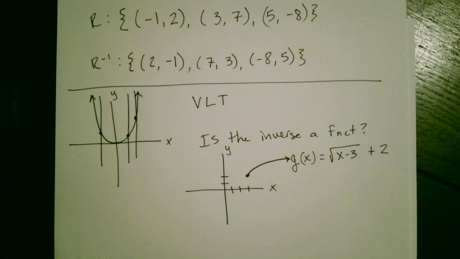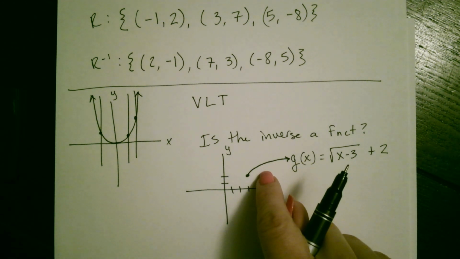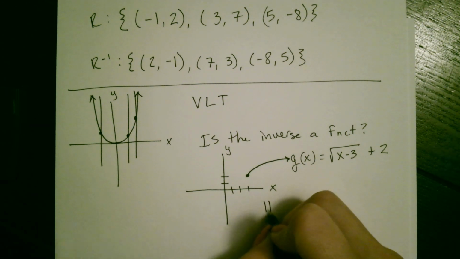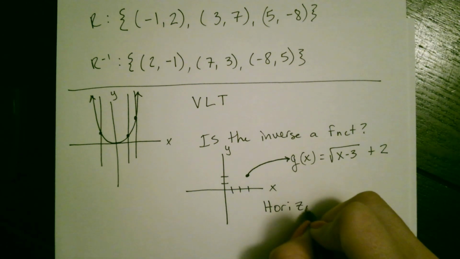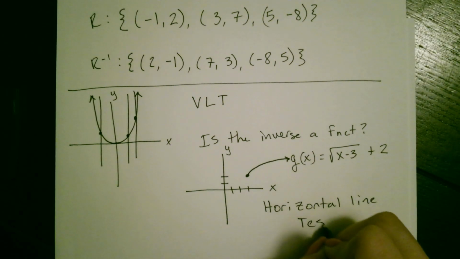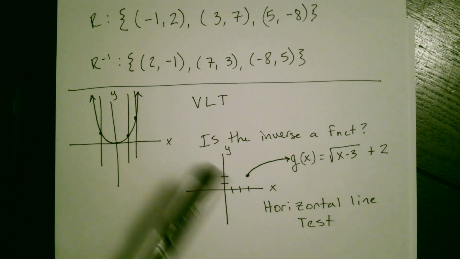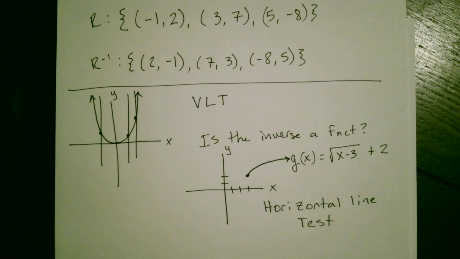To determine if the inverse of this function is in fact a function, we have what's called the horizontal line test. Like I said, the horizontal line test is very similar to the vertical line test. There are only two differences: we are drawing horizontal lines, and instead of determining if the original relation is a function, we're determining if the inverse is a function.